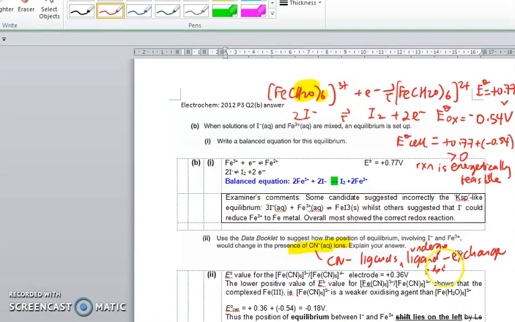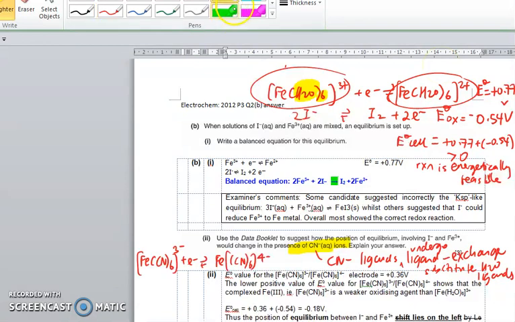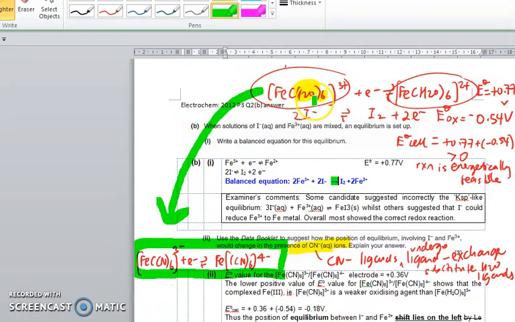They will substitute the water ligands of both of these ions that I've just circled. So I want you to pay attention to this one. Instead of Fe3 plus in equilibrium with Fe2 plus, now the water ligands are kicked out with cyanide, and this is the equilibrium we're talking about.